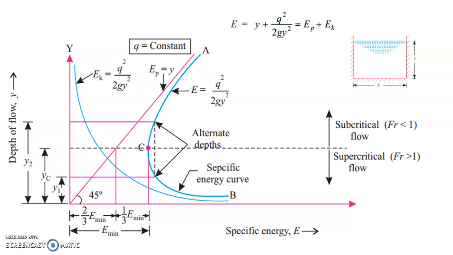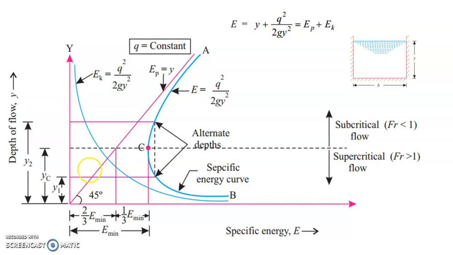Now beyond point C, for the same energy, let's say you consider one energy E1, it leads to two y values, y1 and y2. In later classes we call these y1 and y2 the sequent depths, or alternate depths.